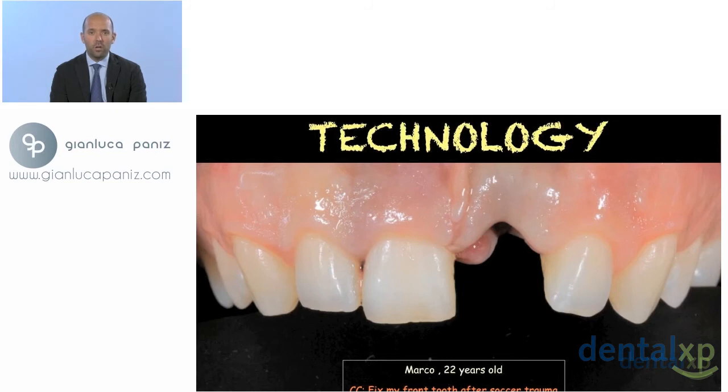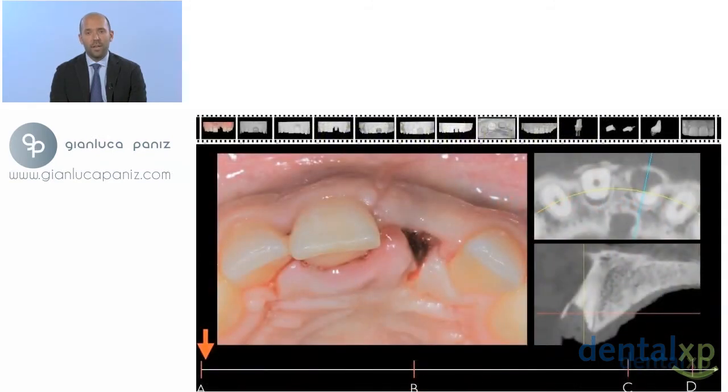Marco had a trauma playing soccer, and he presented to our attention with a missing central incisor and with a malpositioned tooth number 8, as you can clearly see on this radiographic examination.